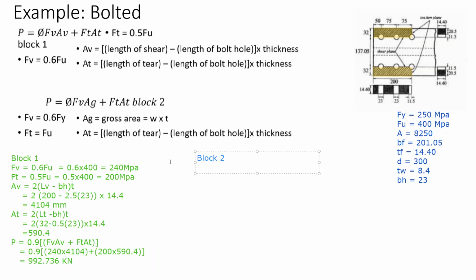Okay, so for block 2, our Fv here would be equal to 0.6 of Fy. Our Ft would be equal to Fu. Ayan. So that would be 0.6 of 250.